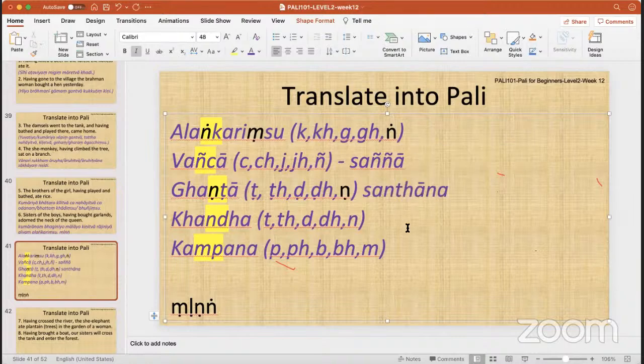And again the same thing, santana, you can take it like that. And here you can say sampana, lambana, or alambana. So you can see ba, pa, ba, ba, ma.